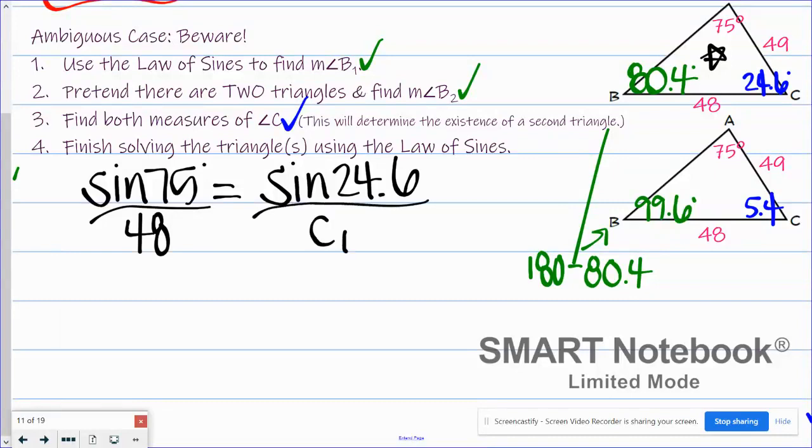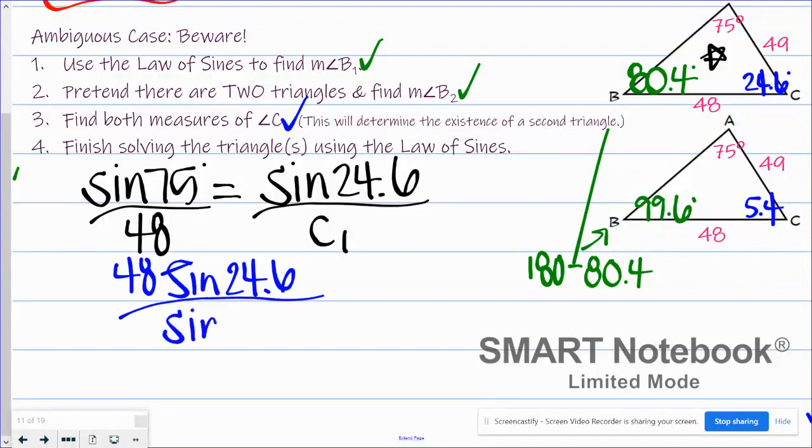So I'm going to do my usual math where I cross multiply and divide. Ultimately I'm going to be multiplying 48 times sine of 24.6, and I'm going to divide that by sine of 75. And this is going to give me side c1. So 48 times sine of 24.6 divided by sine of 75, I get 20.69.